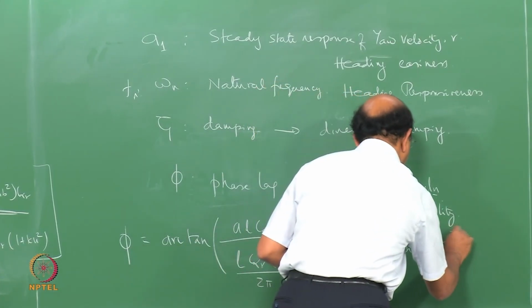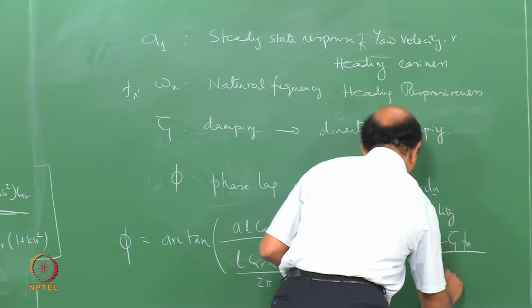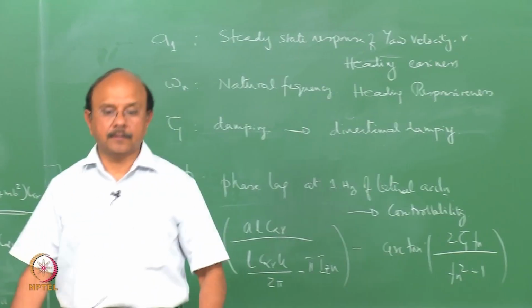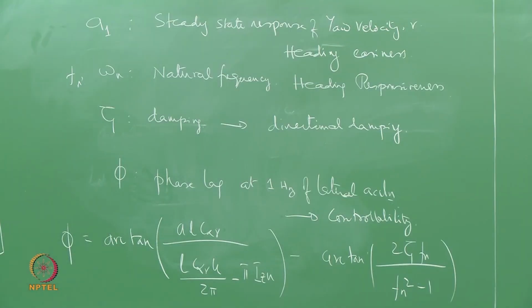Slightly doubtful whether there is a 2 here or not. Fn divided by Fn squared minus 1. Just check this. I think it should be right, but check whether that's correct.